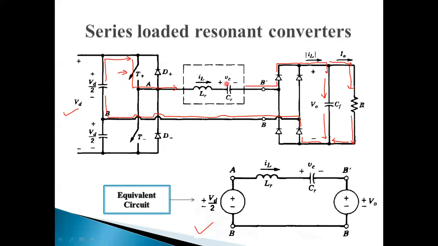If you consider this current flow, then the inductor and capacitor will be charged up to their maximum or rated value, and the energy is also supplied to our resistor or load.